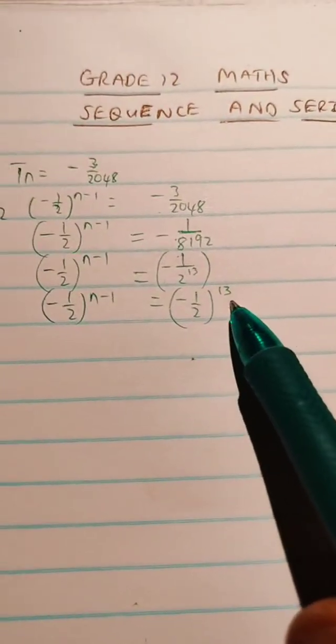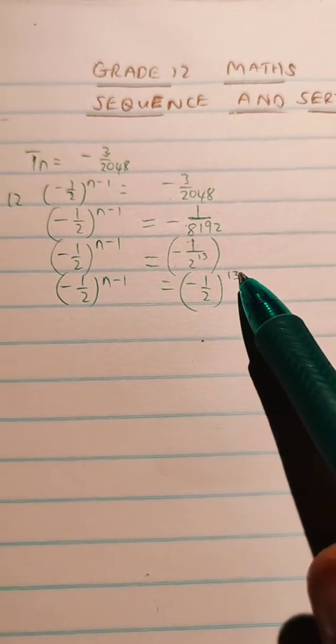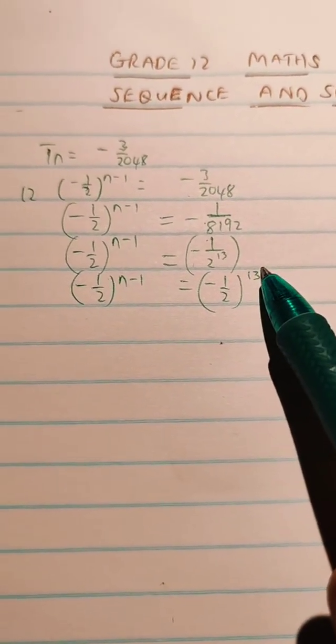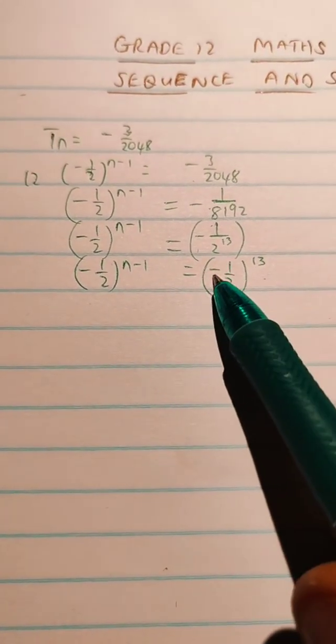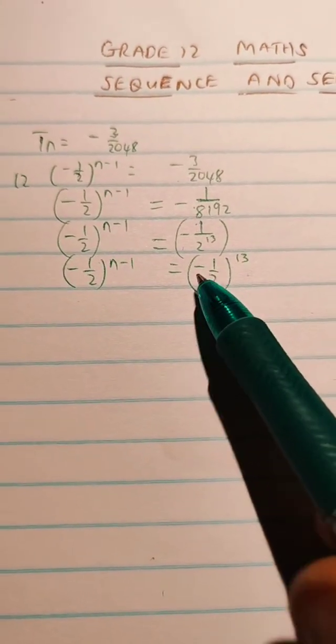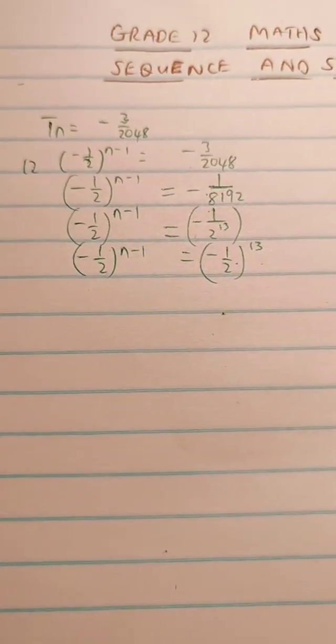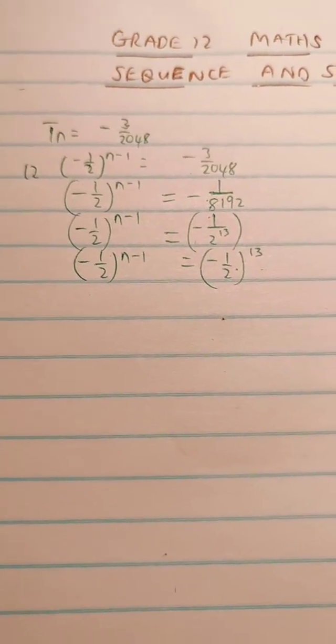Then all we can simply do nicely there is take that negative 1 over 2, take the exponent that is 13, put it on the outside, because an odd exponent, unlike an even one, is not going to change the sign. When we apply the odd exponent to a negative, it stays negative, so it still retains its original identity, which is sweet.